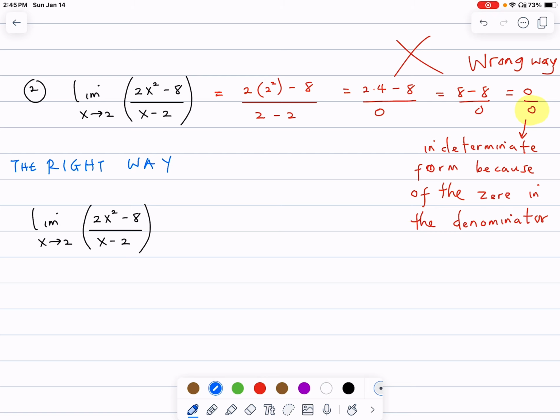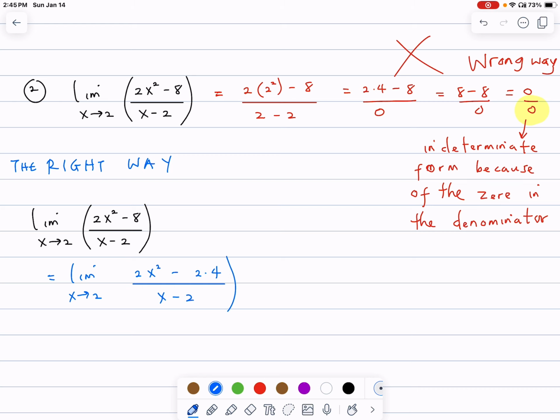So I'm going to write limit as x approaches 2. Now, if you look at the numerator, I can write the numerator as 2x squared minus, I can write 8 as what? 2 times 4, right? So I can write 8 as 2 times 4, over x minus 2.